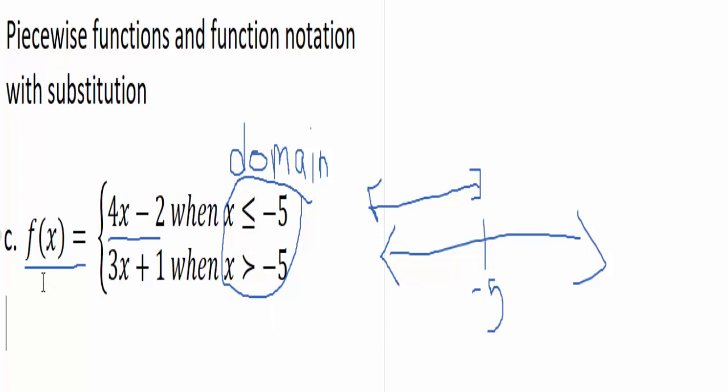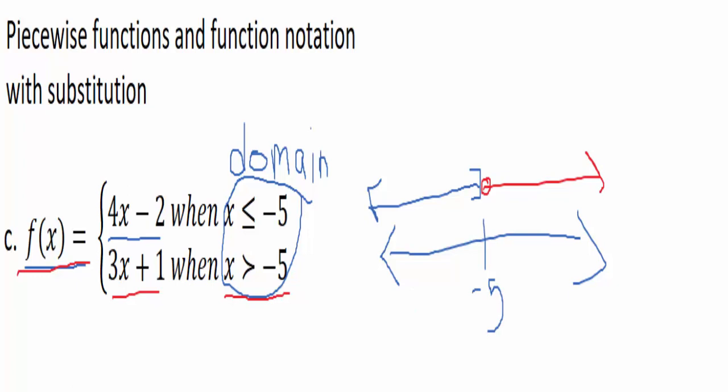The bottom function, f of x, still this part goes with both of them, f of x equals 3x plus 1 is when x is greater than negative 5. So notice there's no equal to under that. So it's things that are over here, not including negative 5. So we'll talk about this number line in a later segment.